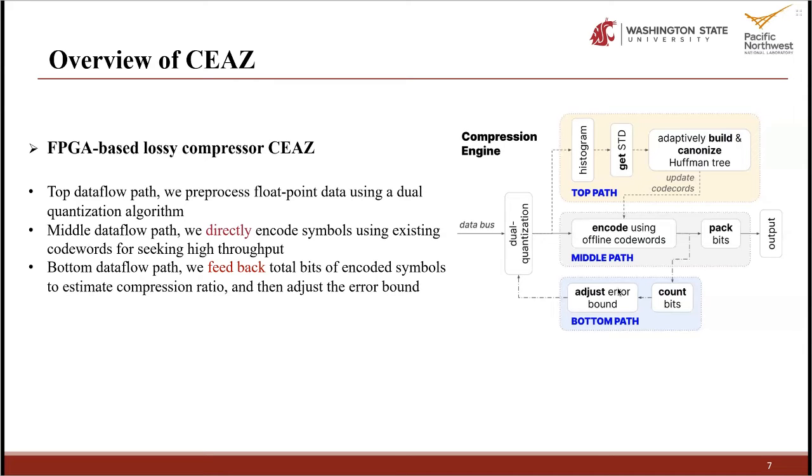On the middle data flow path, we directly encode symbols using existing code words to seek high throughput. On the bottom data flow path, it is fixed ratio mode. We will feed back the total bits of encoded symbols to estimate the compression ratio, then adjust the error bound.